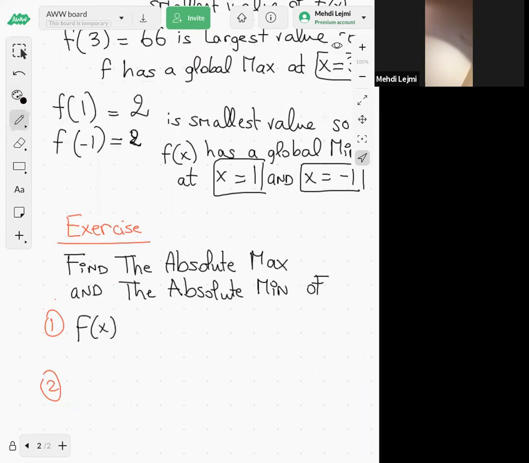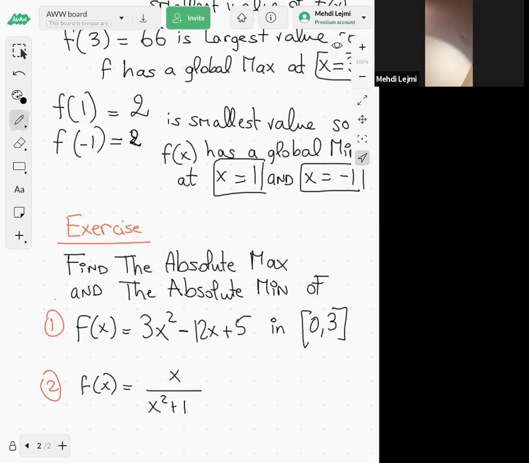So first function: f of x is 3x squared minus 12x plus 5 in the interval 0, 3. All right, and second function: f of x is equal to x over x squared plus 1 in the interval 0, 1.